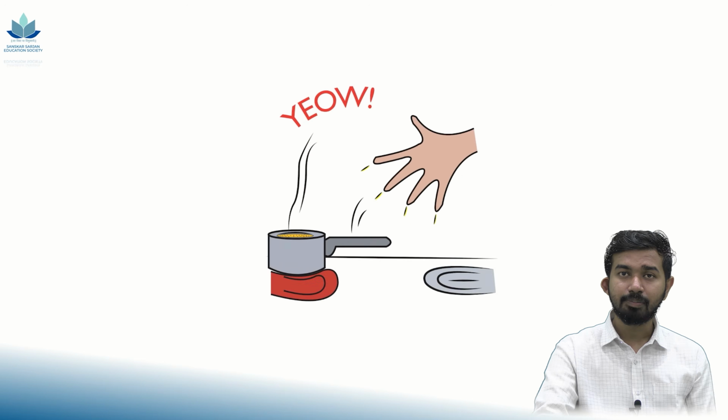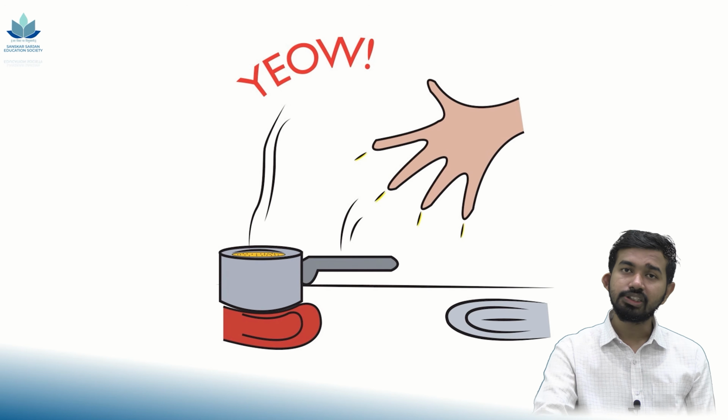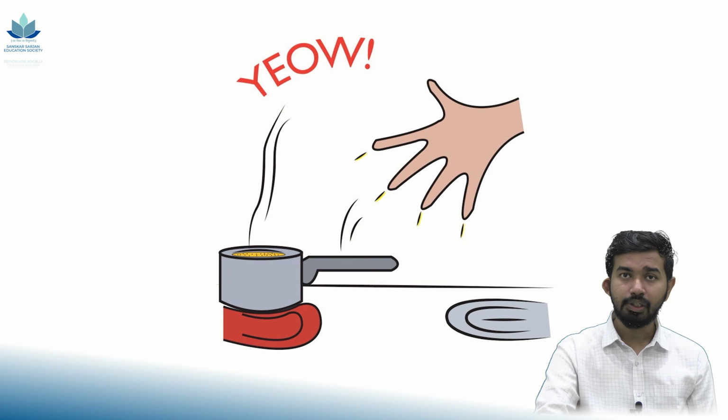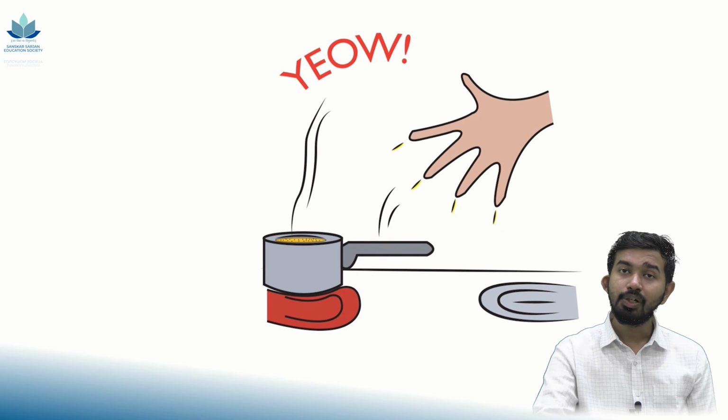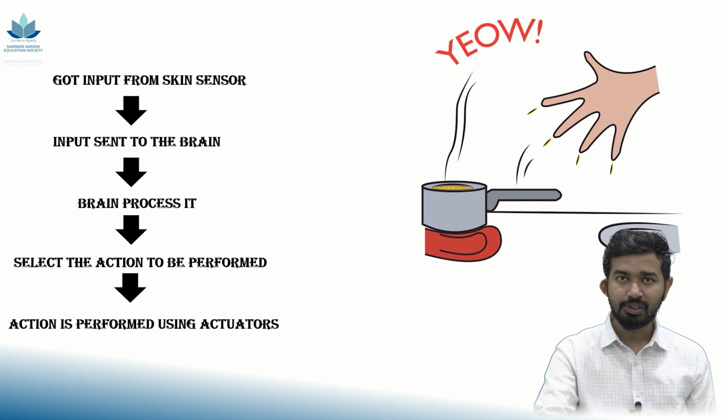See, in this example, the agent is touching the hot pan. Now, what exactly happens here? The moment the agent touches the hot pan, the skin sensor will sense the environment and take the input. The input will be sent to the brain.